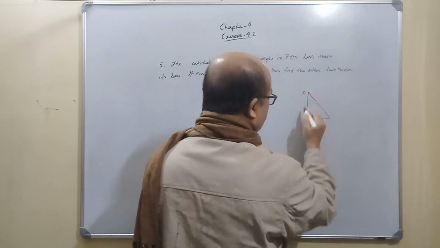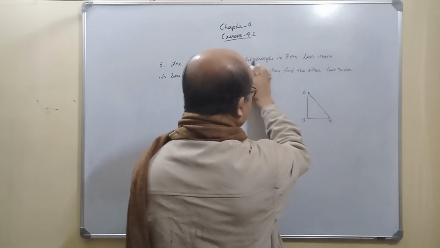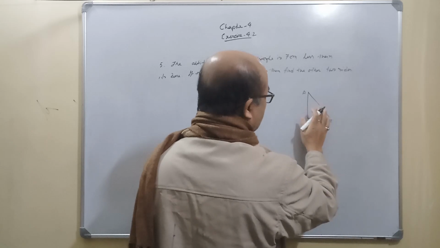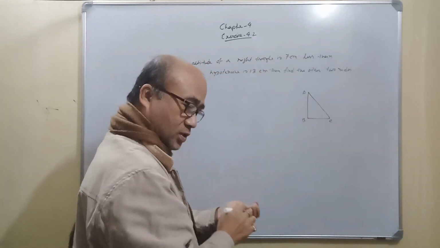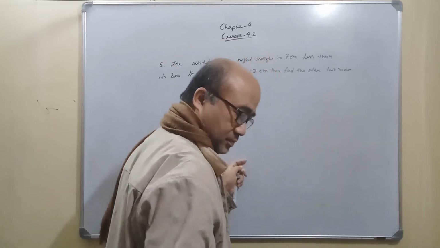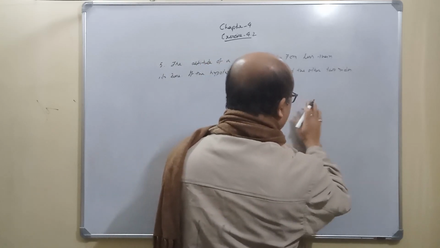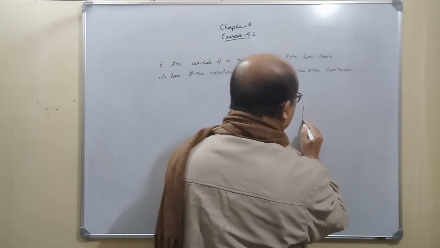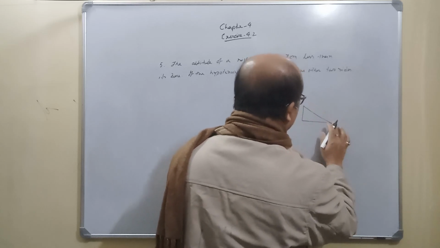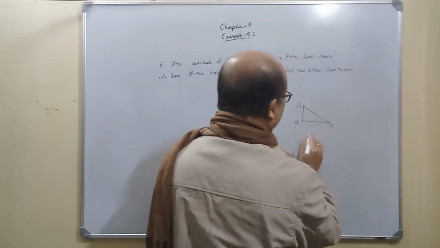If ABC is a right angle triangle, then suppose the base is more than the height. Just a minute. Let me correct it. Suppose this is a right angle triangle.